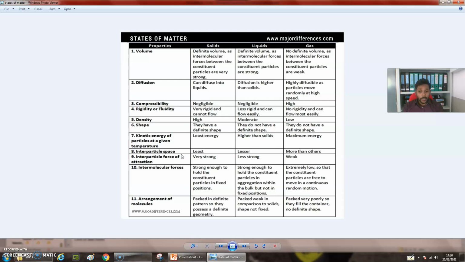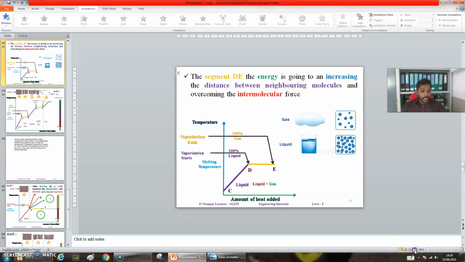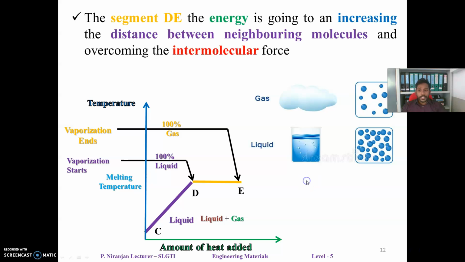And also in the opposite way, we can see the interparticle force of attraction is very strong in solid materials, less strong in liquid materials, and very weak in gas materials. So this is the reason the phase change needs some energy.